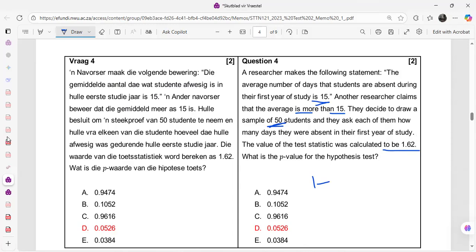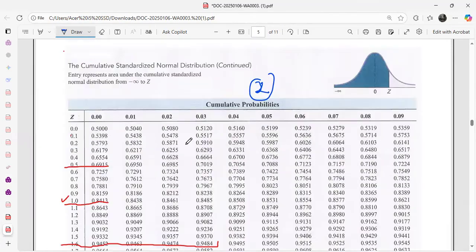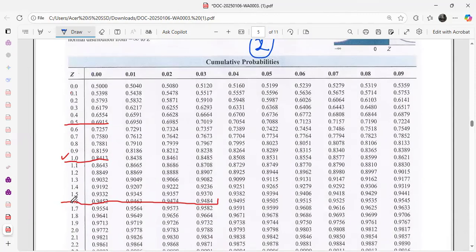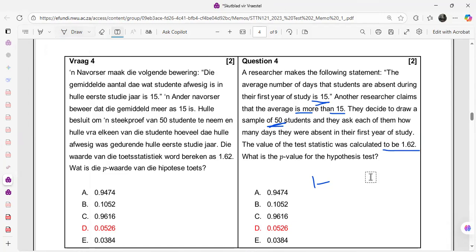We go to the table. We are going to check 1.6 under 0.02. Where's 1.6 here? And then it's going to give us 0.9474.